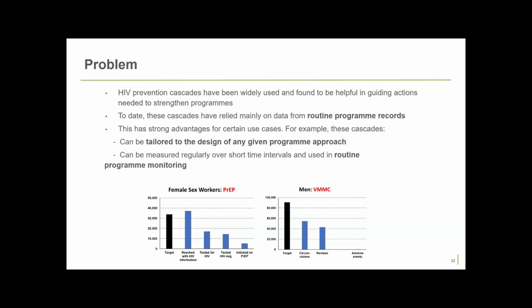So these are the basic unit cascades using program data. That's the problem, that we are just using these to strengthen our programming. So why do we now have to extend this to other cascades? Let's move on.